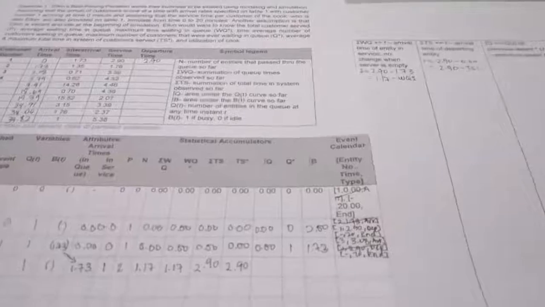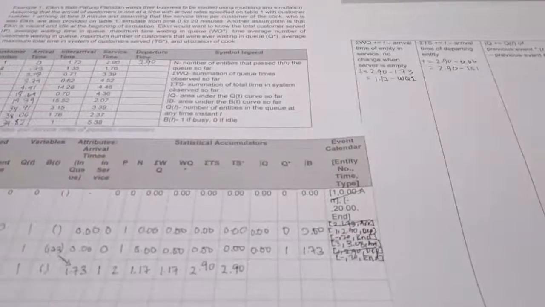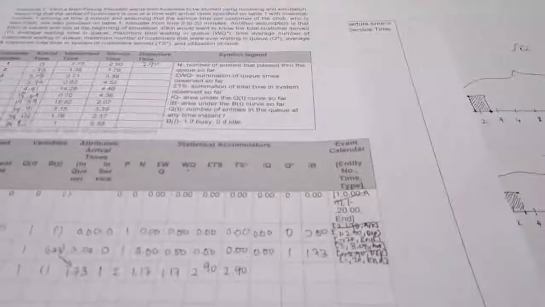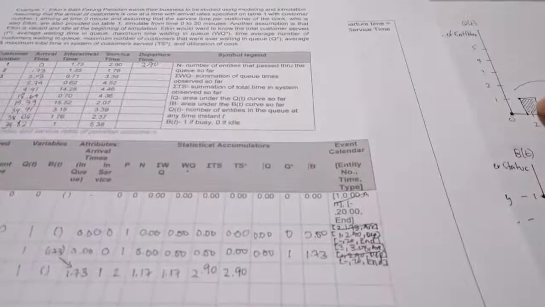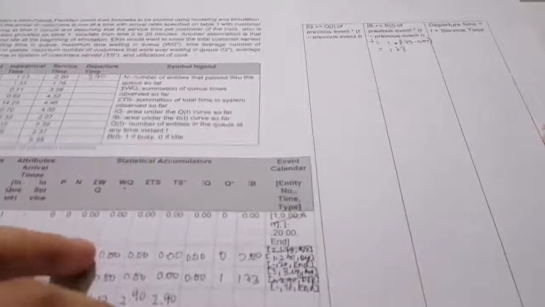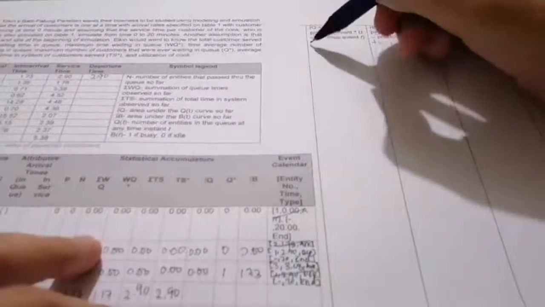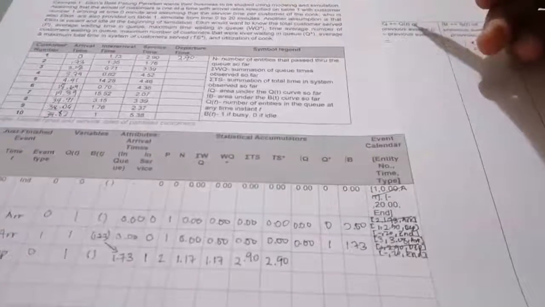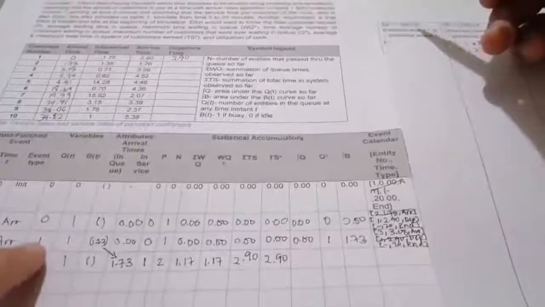And then, area of queue. Kasi dito sa graph natin, merong na-generate na area. So, merong pagbabago sa value ng area of queue. So, let's compute. Plus equals QT of the previous event. QT of the previous event is 1.